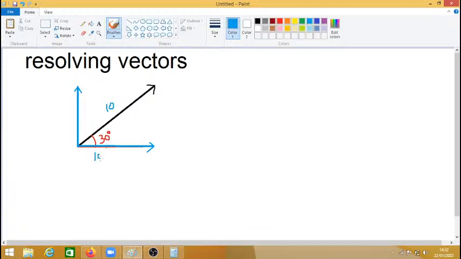We're going to use 10 times cos 30. And the vertical component, that's not next to the angle of 30. It's not adjacent, so we can't use cos. Instead, we have to use sine. So this component will be 10 times sine 30.